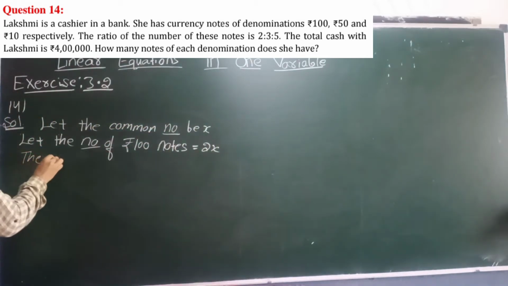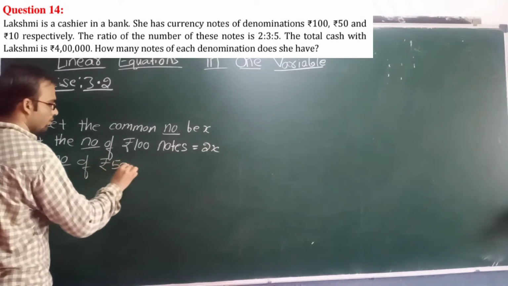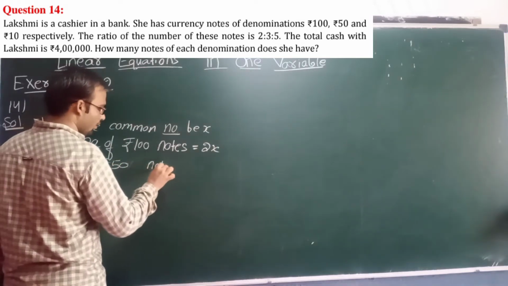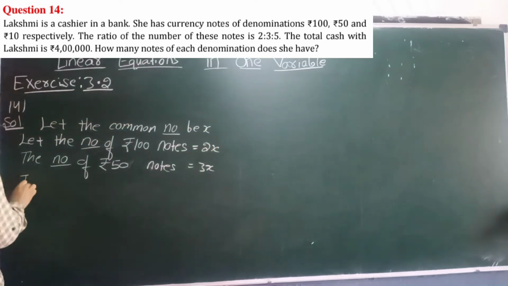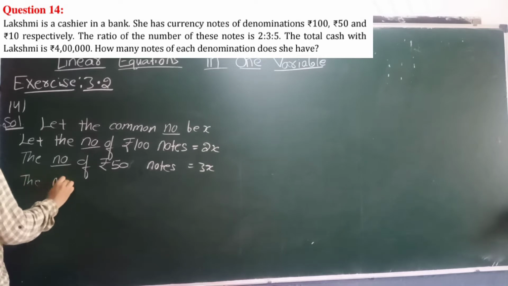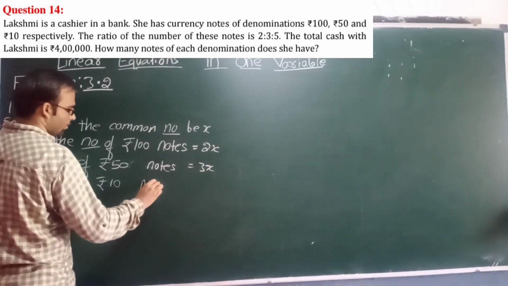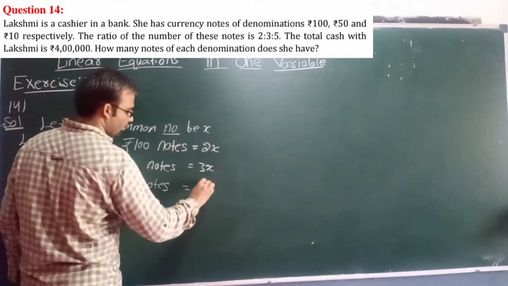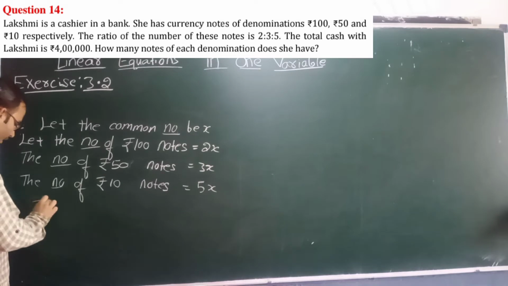The number of 50 rupee notes equals 3x. The number of 10 rupee notes equals 5x. Okay, so now total cash.